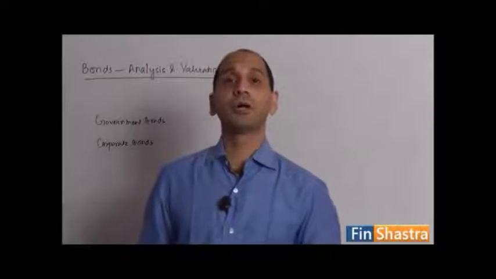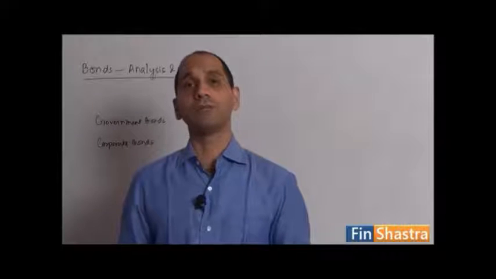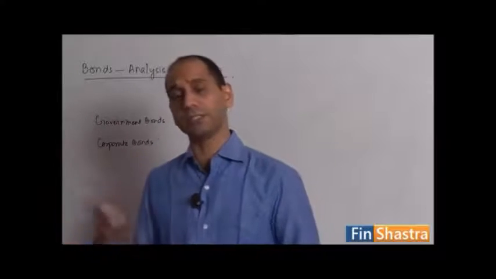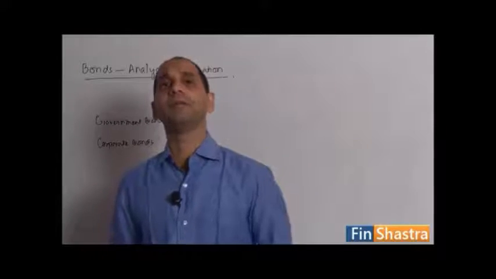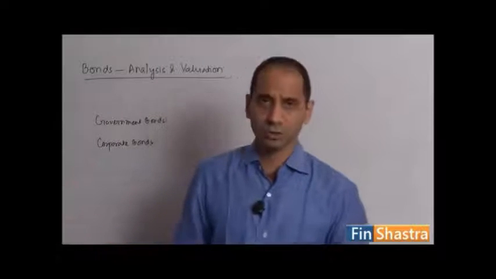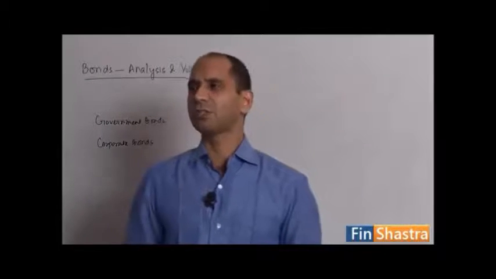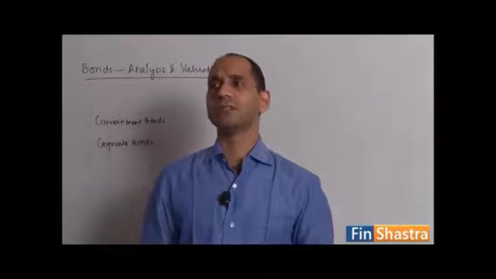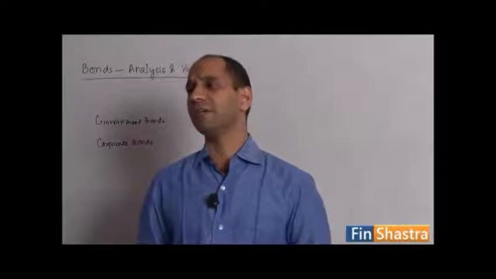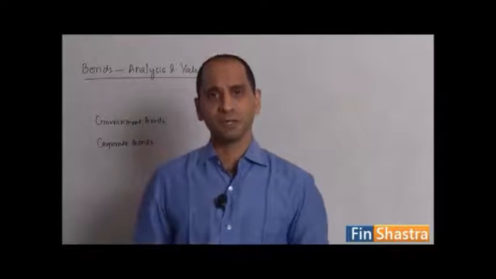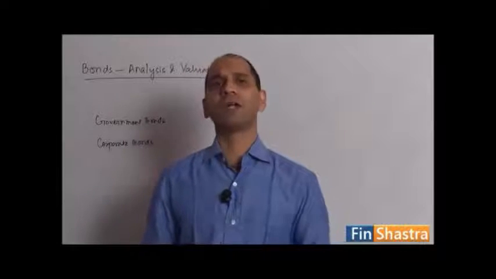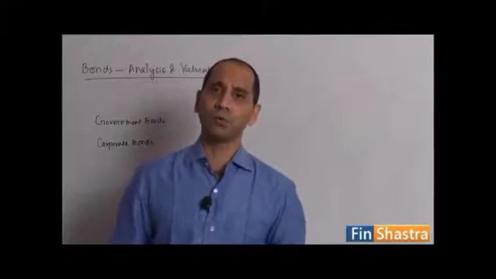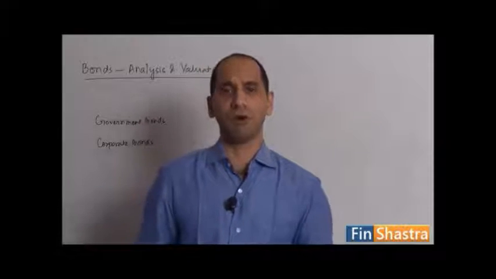In terms of maturity, it could be very short term debt instruments, it could be medium term, or it could be the long term bonds, right? So very short term securities of 1 year or less than 1 year, generally issued by the government, are known as treasury bills, okay? And beyond 1 year, they are known as treasury notes or treasury securities or treasury bonds.